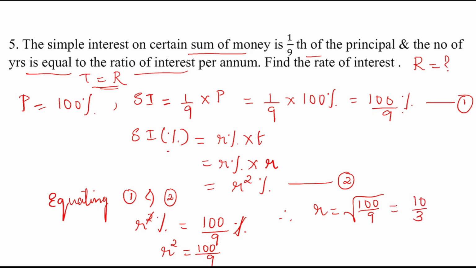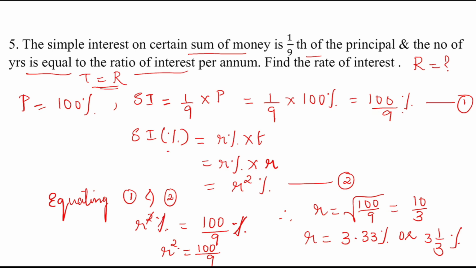So therefore R is equal to square root of 100 by 9. So it is 10 by 3. So 10 by 3 is nothing but R is equal to 3.33%, or 10 by 3 can also be written as 3 1/3%. So rate of interest we got as 3 1/3%. See here it was 1%, here R square means 2 percentages. So this 1% will cancel with 1 and 1% will remain.